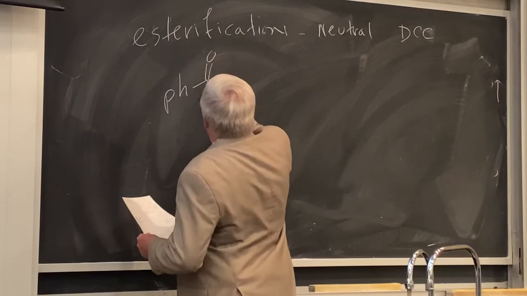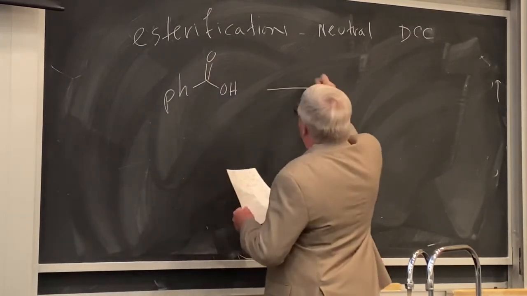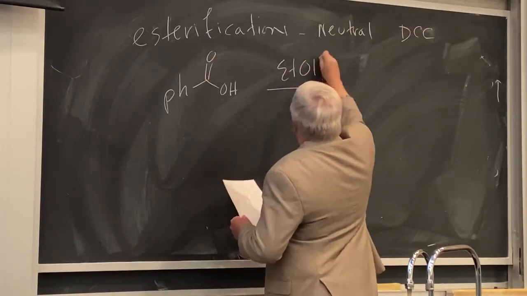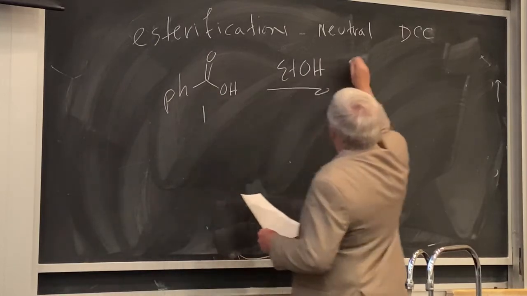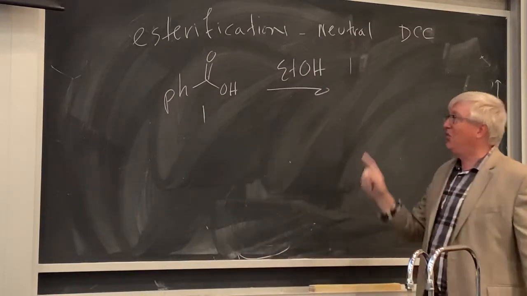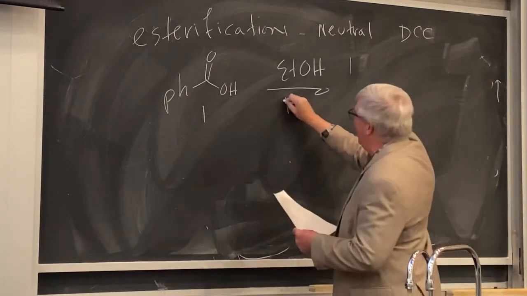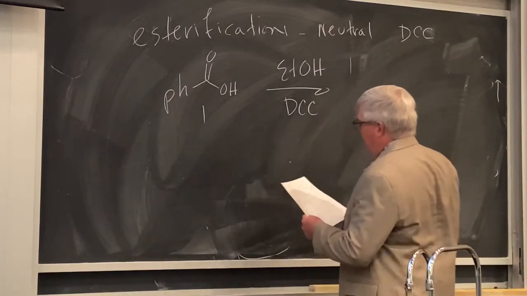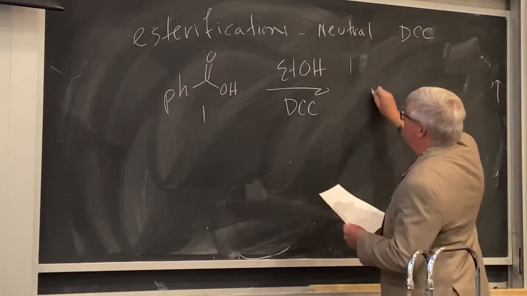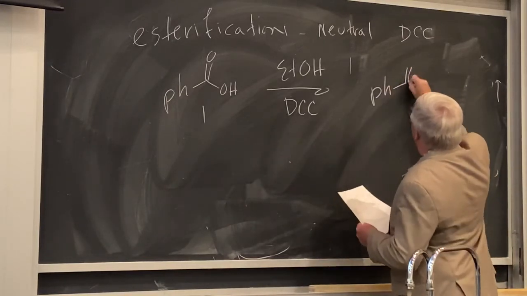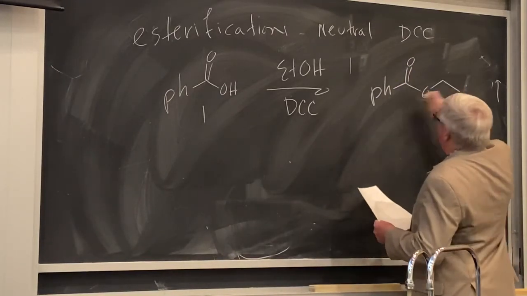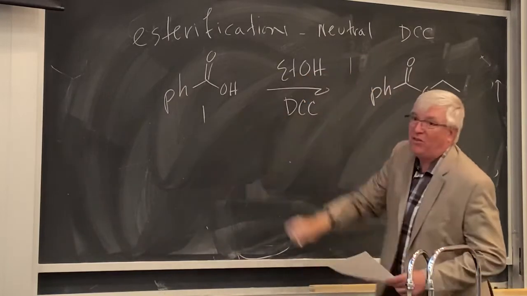I'll show you the esterification from benzoic acid using ethanol. This will be one equivalent to one equivalent, not the solvent, okay? And this is the other great thing about DCC now. DCC, or carbodiimide, we'll draw out the structure in a second. This will allow us to form the ester in high yield at 1-to-1 stoichiometry.